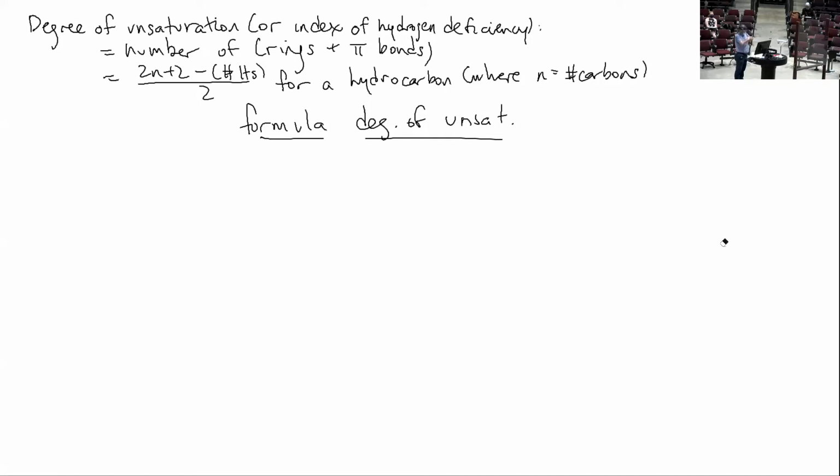So the reason you need to know the relationship between structure and formula is because later on, we're going to be doing problems that involve working out the formula of a molecule, especially when we talk about spectroscopy. So this will happen next semester as well. But you work out the formula, and then you need to figure out what the structure is. And it's very helpful if you can limit your possibilities, because otherwise it looks at first like everything is possible, but it isn't.